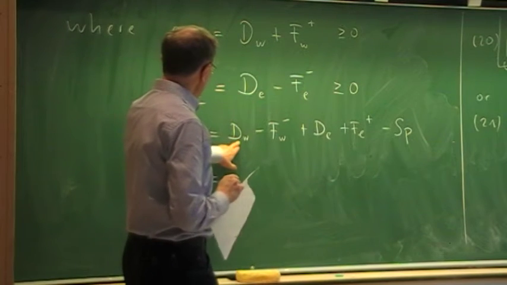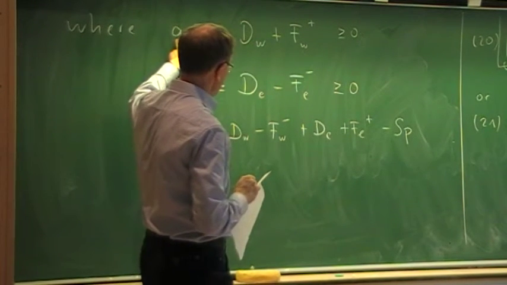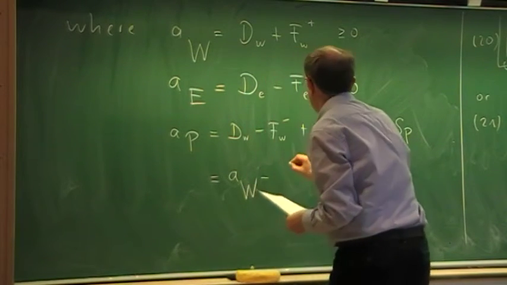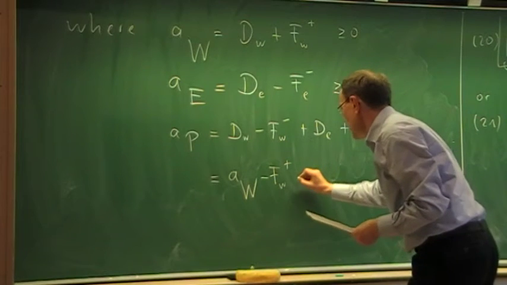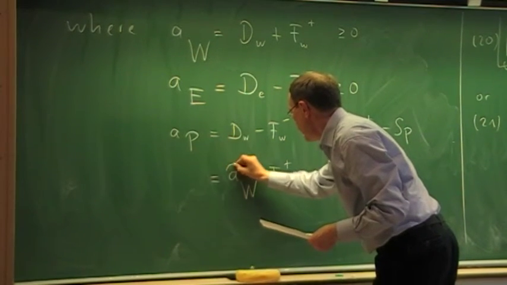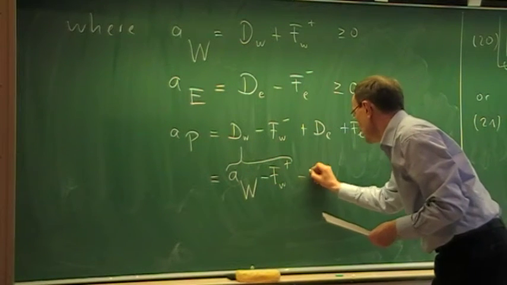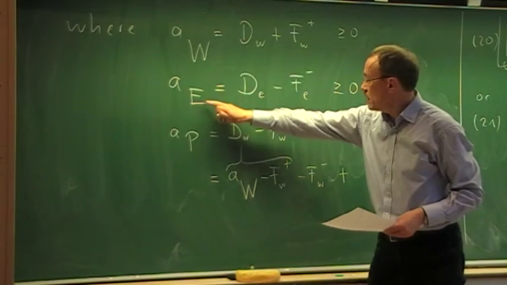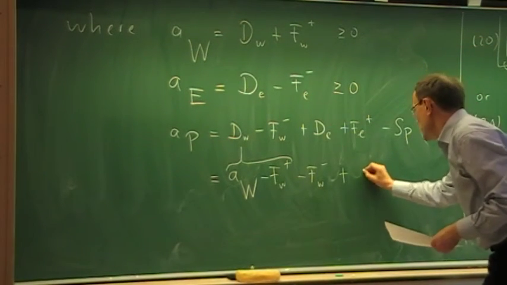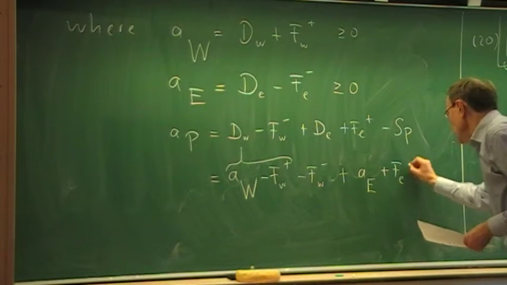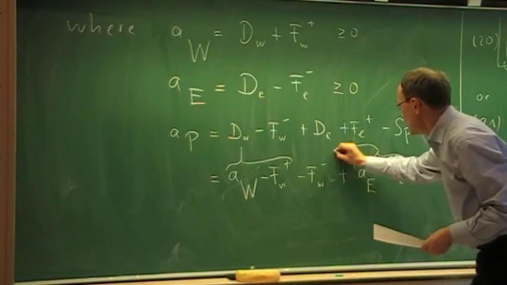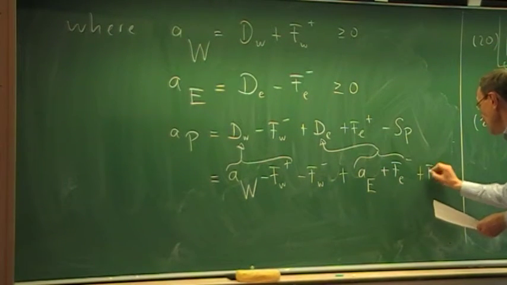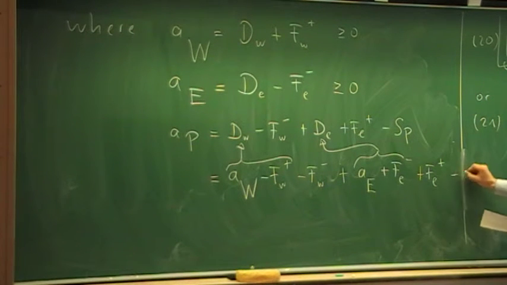We see that dW is AW minus FW plus, which corresponds to dW minus FW minus, as we had from the beginning. The DE we can express as AE plus FE minus. So this corresponds to that one, and then we still have the plus FE plus left, and the minus SP.